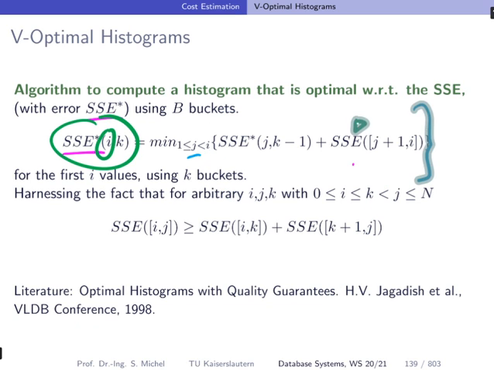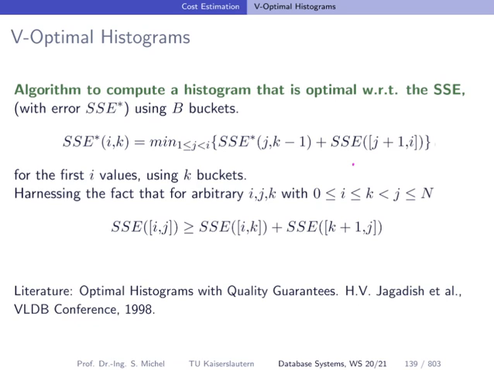So this computation makes use of the following fact. If we have the SSE of an interval i,j, this is bigger or equal than the SSE of the interval i,k plus the SSE of the interval k+1,j.